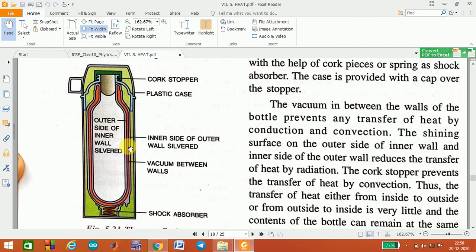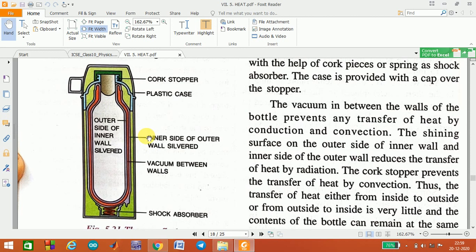There is a vacuum inside, in between the walls. So vacuum is present in between the walls. See, the red part is the vacuum, and this is the double wall, the inner one and the outer one.